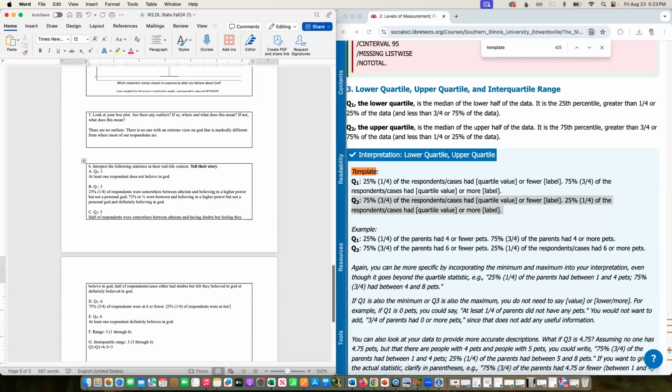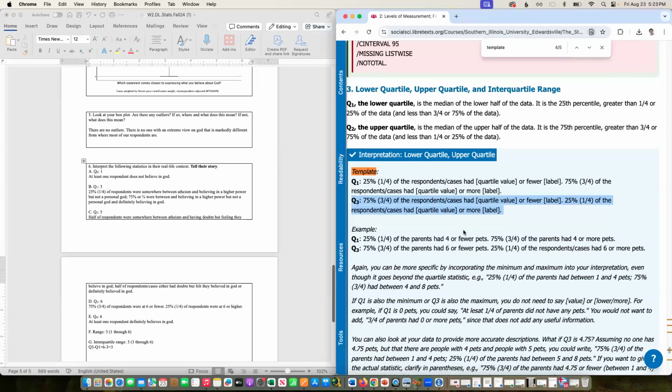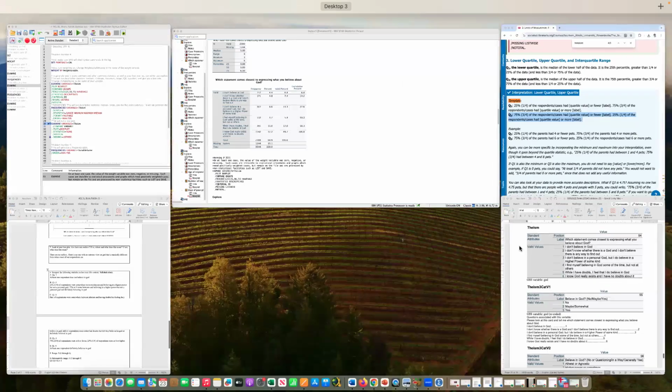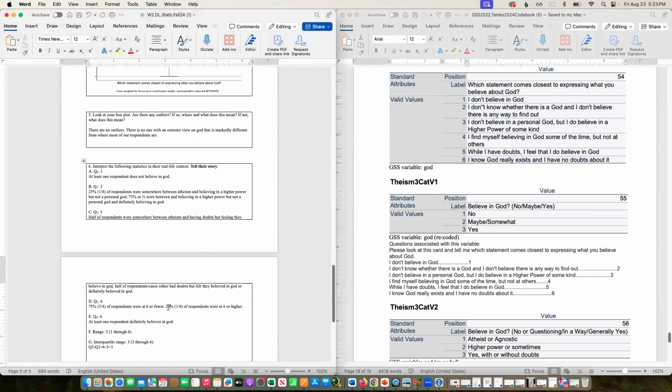So what does that mean in context, right? What is the actual story about it? So if we go back to the code book again, 6 or lower doesn't really tell us anything, right? It's the whole range. So we know that a quarter of respondents were 6 or higher. They can't go higher. So we know that at least 1/4 of respondents definitely believe in God, right?